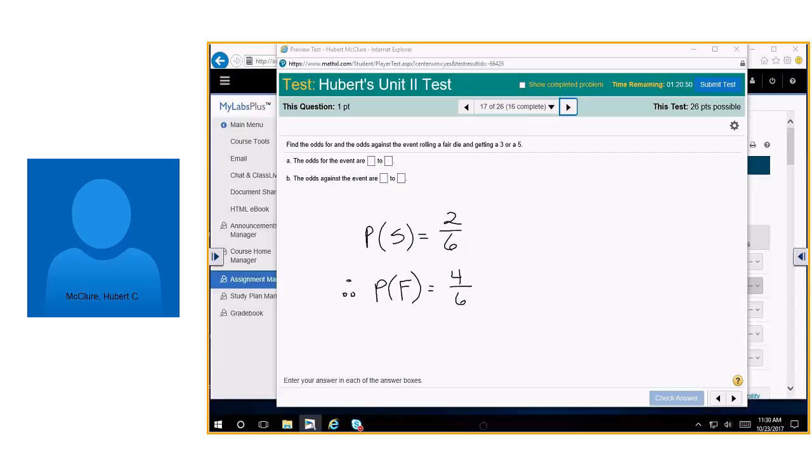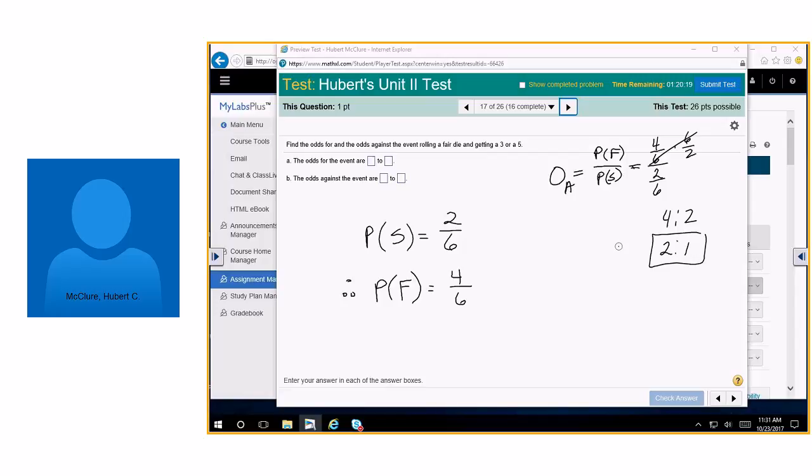So odds against is equal to the probability of failure over the probability of success. Now remember I told you, keep fractions so it'd be easy math. 4/6 divided by 2/6, multiplied by 6 over 2, which is 4 to 2, which is 2 to 1.